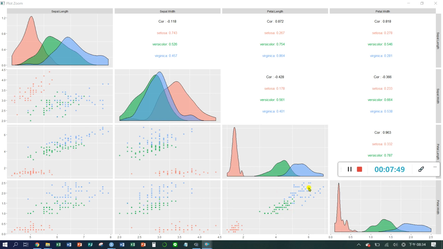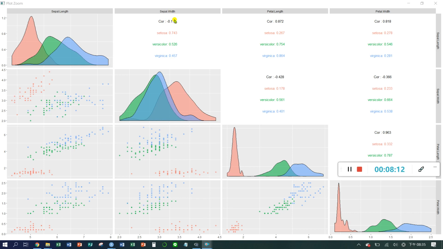What about this one? This one is petal length and petal width. This diagram also shows the correlation for each pair. What does correlation mean?